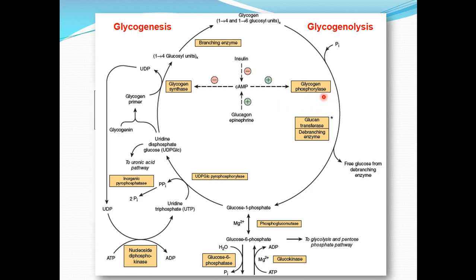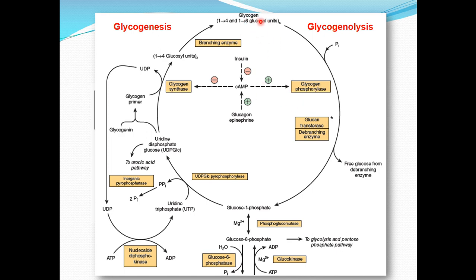Glycogen phosphorylase requires pyridoxal 5'-phosphate as its coenzyme. Pyridoxal 5'-phosphate is an active form of vitamin B6. In glycogen phosphorylase, it is the phosphate group that is catalytically active.